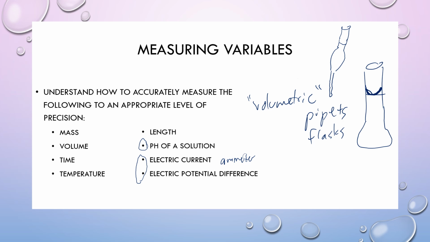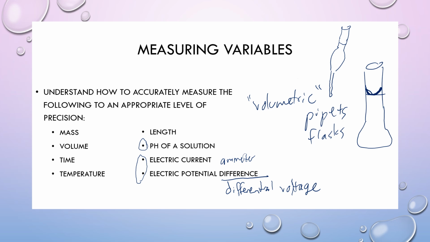Electrical potential difference, you'll typically see I have something called a differential voltage probe. And this is used a lot when you're doing voltaic or galvanic cells. So you can measure the difference in voltage created across the two half cells. Just a differential voltage probe. So the difference is amps versus volts.